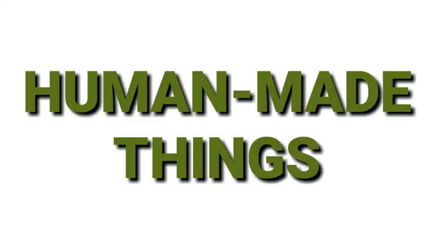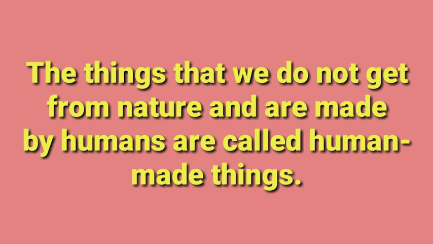Now we'll see about the human-made things. Which are the human-made things? The things that we do not get from nature and are made by humans are called human-made things. It is opposite to nature. Those things which have been made by humans are called human-made things.